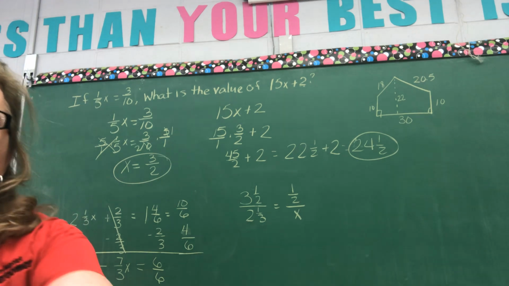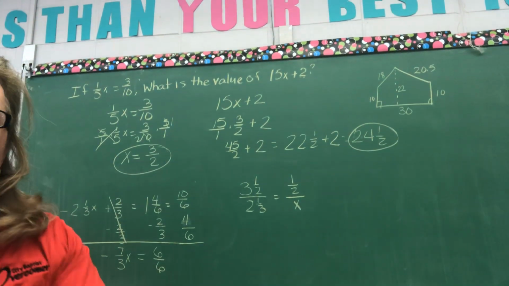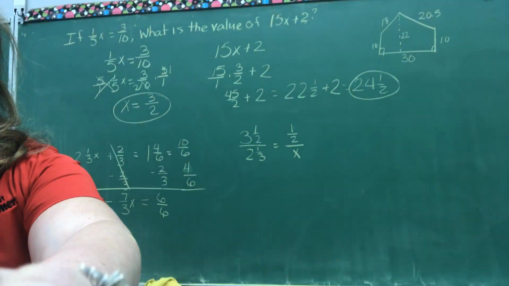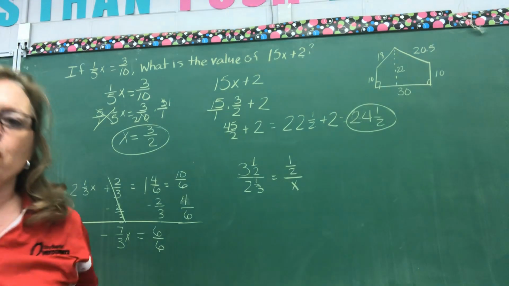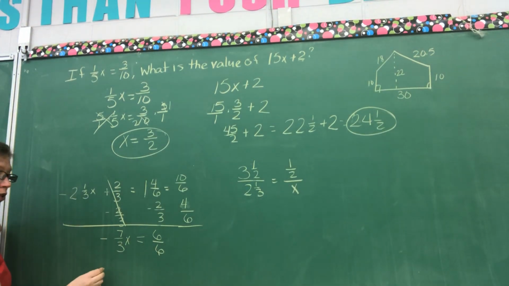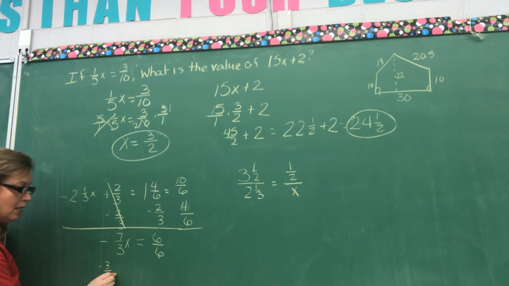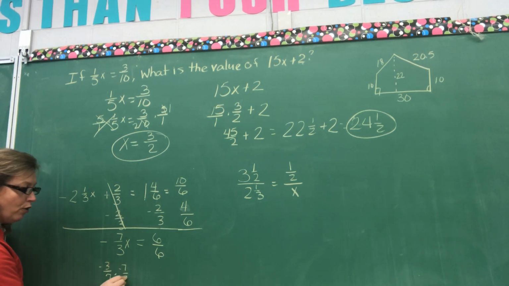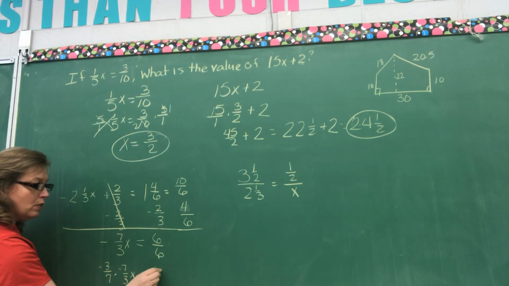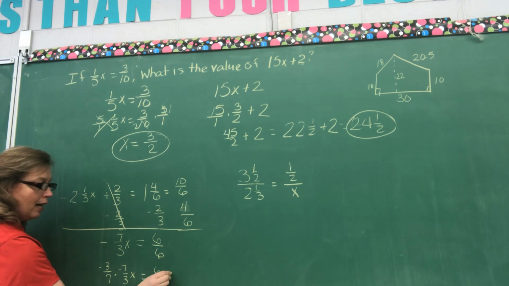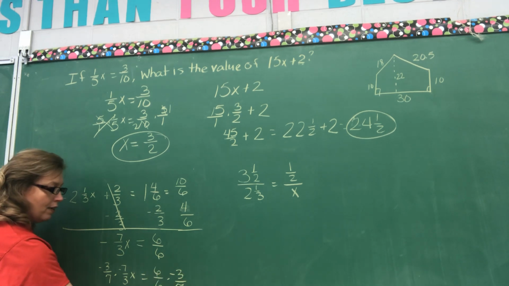We're going to do that by using the reciprocal. So we're going to say negative 3/7 times negative 7 over 3x equals 6 over 6 times negative 3/7.